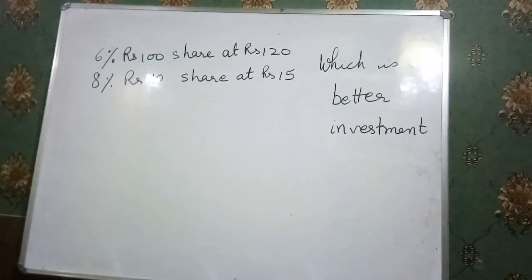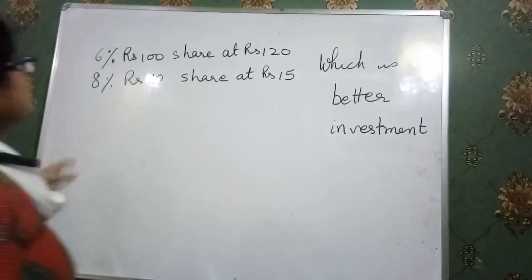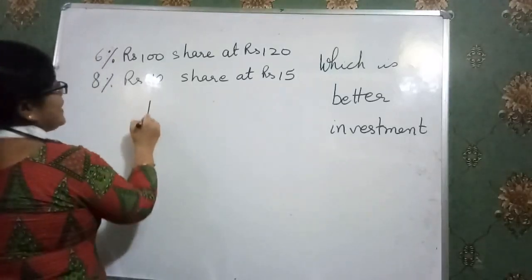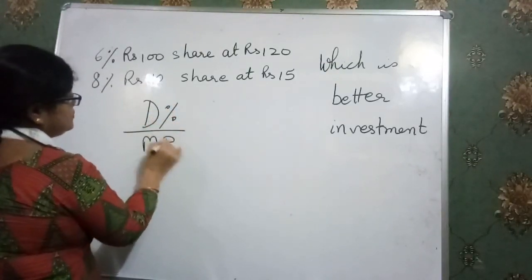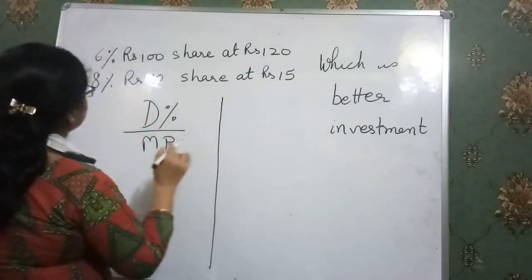Now see the second case: the dividend is 8%, 10 is the face value of the share and 15 is the market value of the share. You can do it in many ways, but I suggest you do this in a few seconds. Just divide the dividend percent by the market value of both shares and compare them.